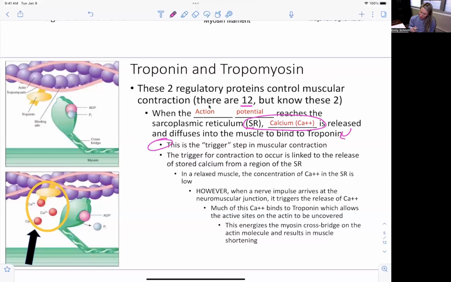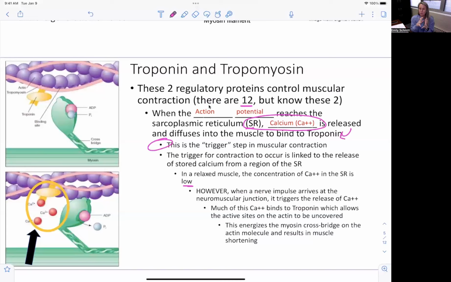The trigger for contraction is linked to the release of stored calcium in the region of the sarcoplasmic reticulum. When a muscle is relaxed, the concentration of calcium in the sarcoplasmic reticulum is low. However, when the nerve impulse arrives at the junction, it triggers the release of calcium.